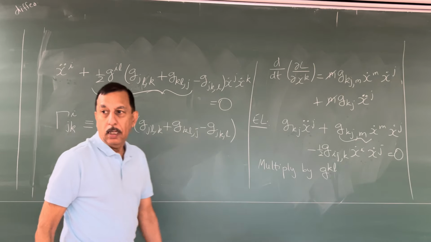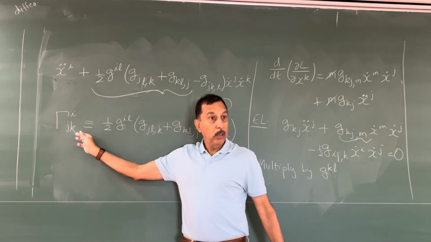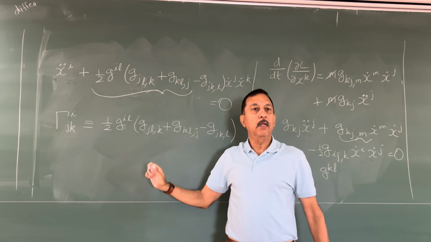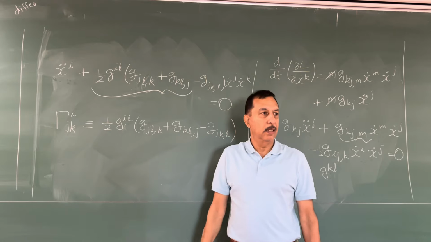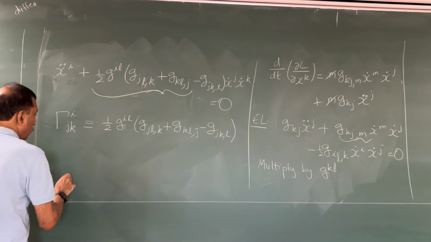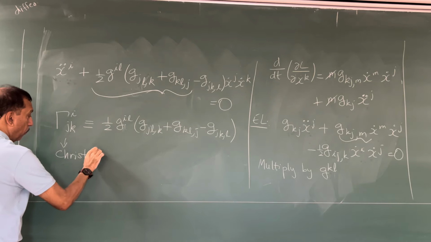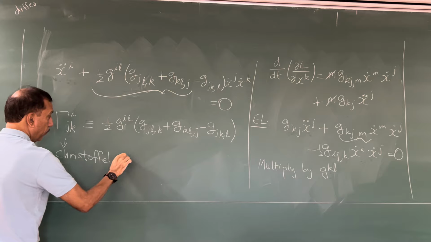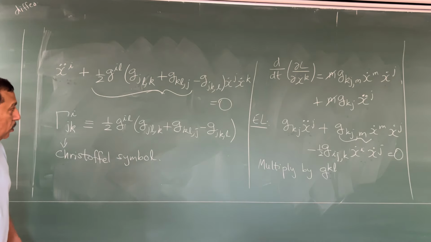So it's a three index object with one of them being up and two down, made out of the metric and its inverse and its first derivatives. No more derivatives than that. Okay? And this has a name, it's called the Christoffel symbol, after the person who first wrote it down for geometry.